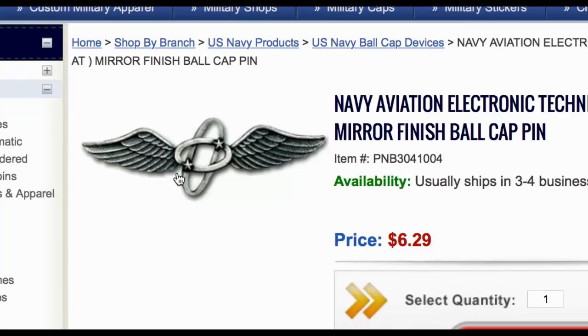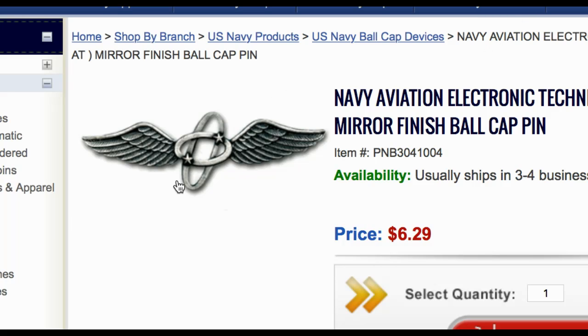If you were to look at it a little more closely, you'll see the 2 rings, and they're more or less interlocking rings. And the peculiar point is, not only do they have wings attached to them, but they have little stars where the intersection is in these rings. And it's funny because I've seen other duplicates and replications of this similar Navy insignia, and they usually have the stars in different places.